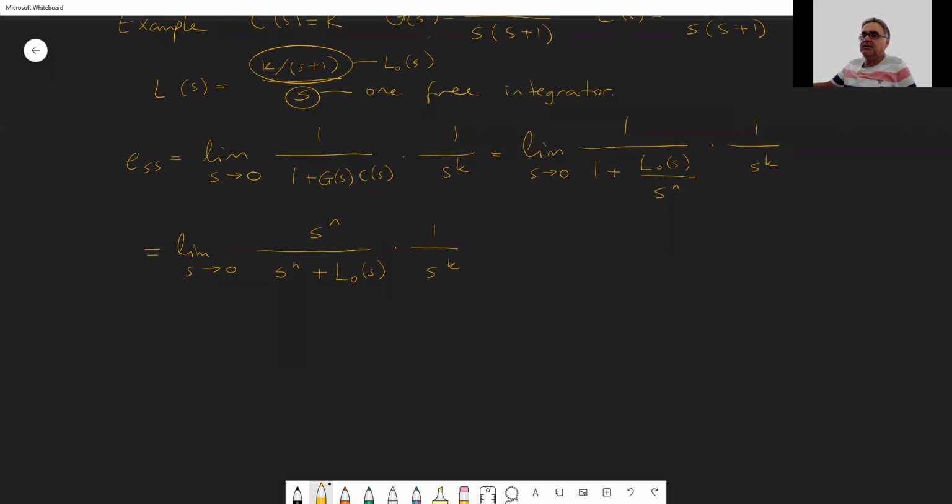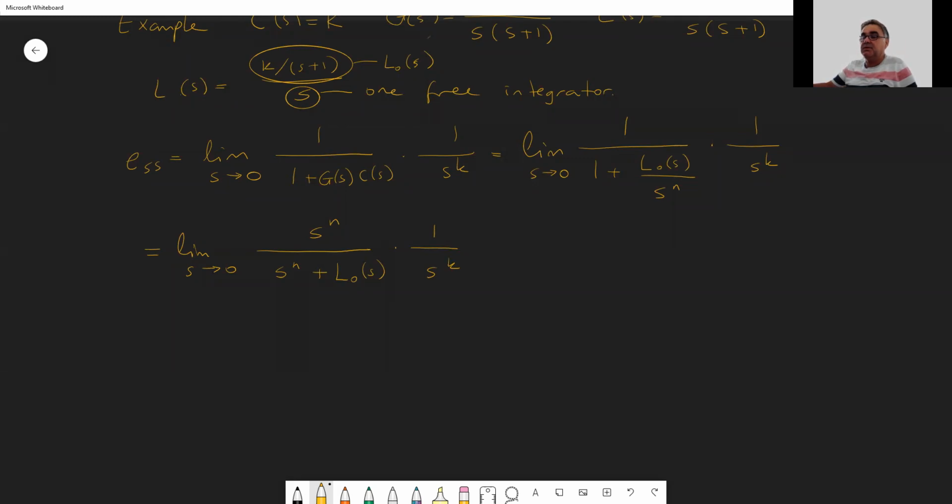Now we see if somehow this s to the n cancels this s to the k, our steady state error can go to 0 or it can be finite.